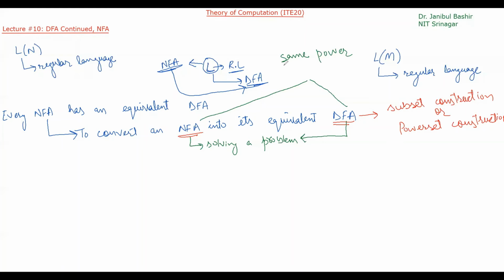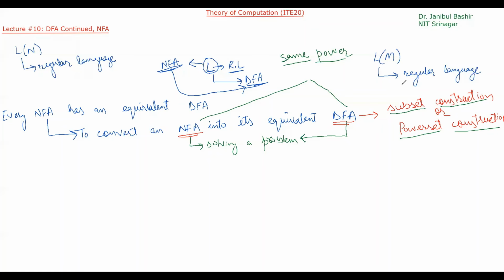So NFAs and DFAs have the same power. If an NFA recognizes some language, we can also recognize that language using some DFA. We can convert an NFA into a DFA using this scheme called subset construction or power set construction.